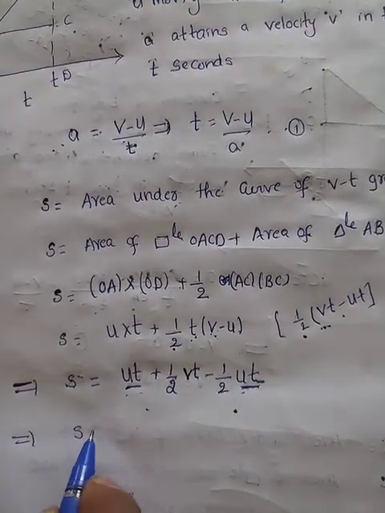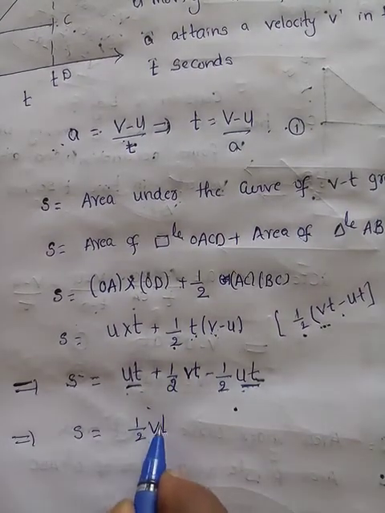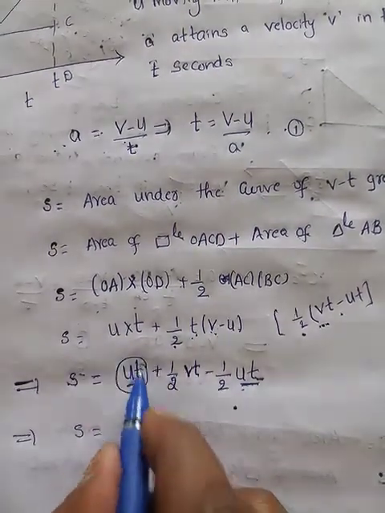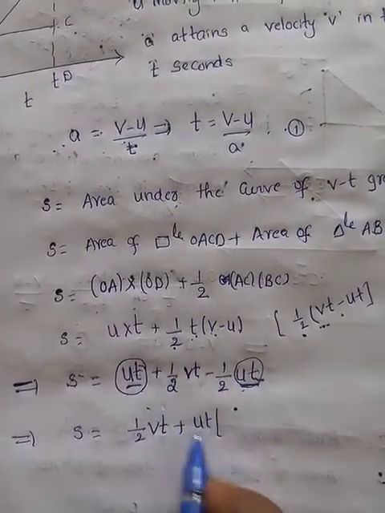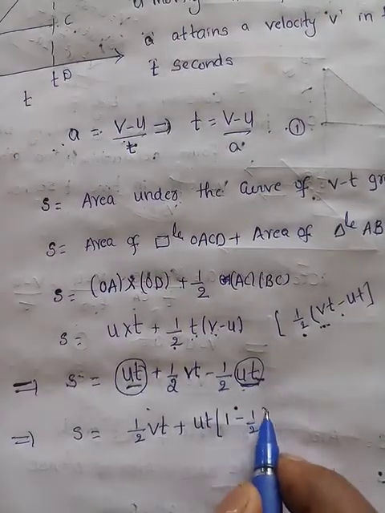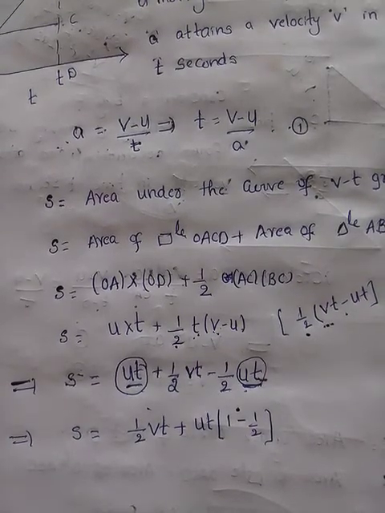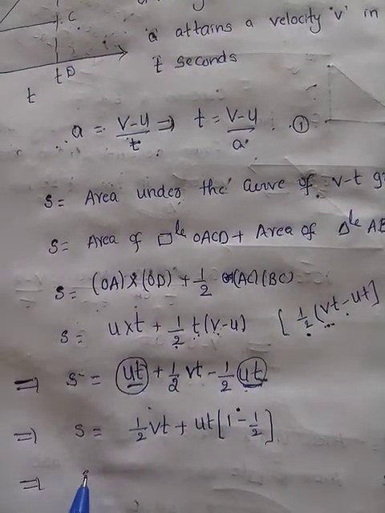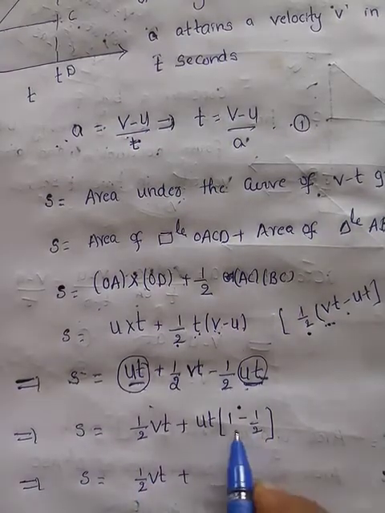Yes. So S is equal to half vt, keep it like that, plus what is common here? ut, here also ut. If you take ut common, what is the remaining here? 1. Here what is the remaining? Minus half. So 1 minus half. So S is equal to half vt plus, 1 minus how much?